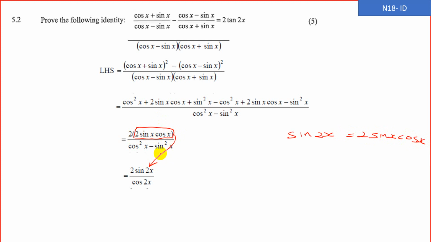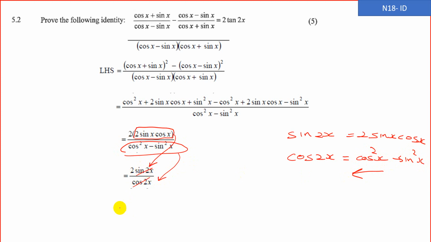And we also know that cos squared x minus sine squared x, coming from a double angle formula again, that cos 2x is equal to cos squared x minus sine squared x.